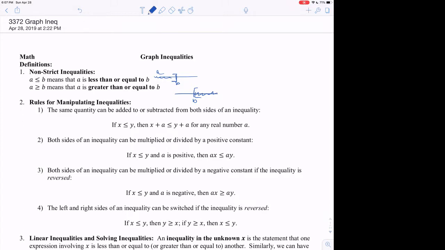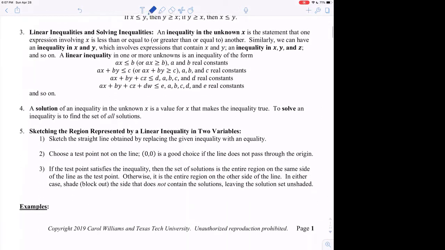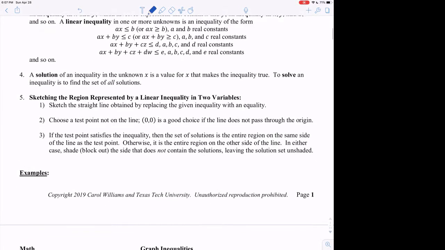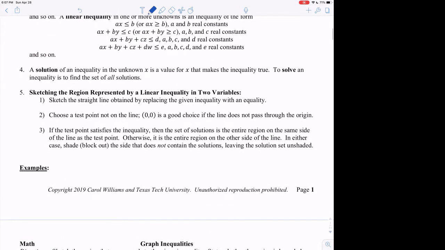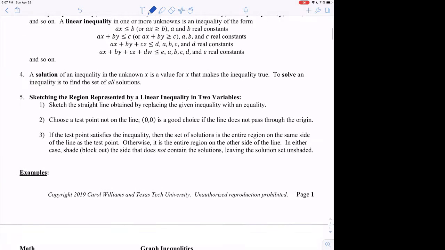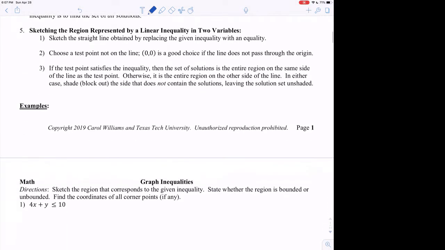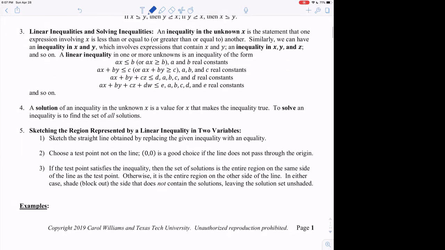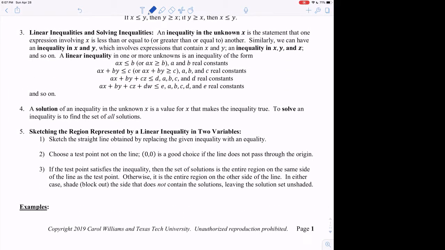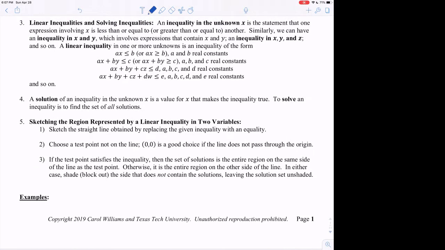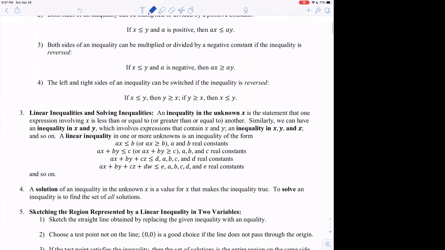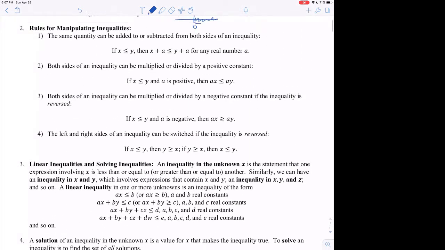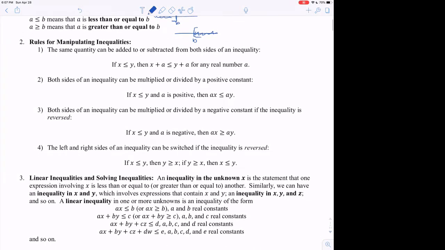Now, when we're talking about lines, if it's equal to, then we have a solid line.